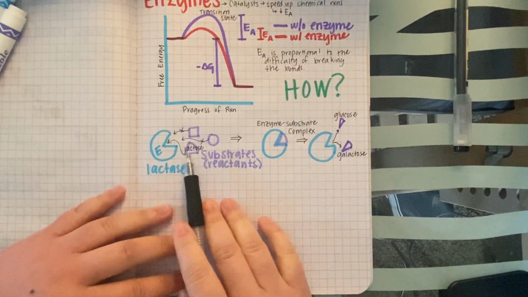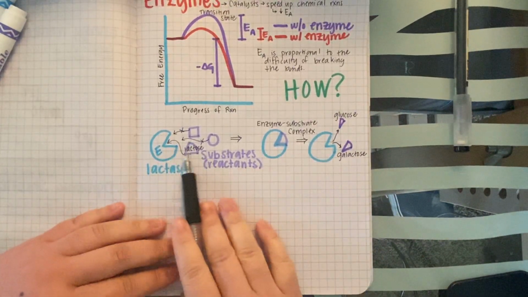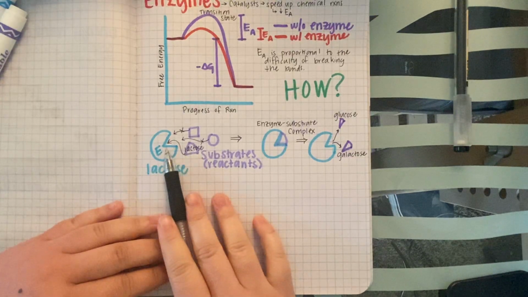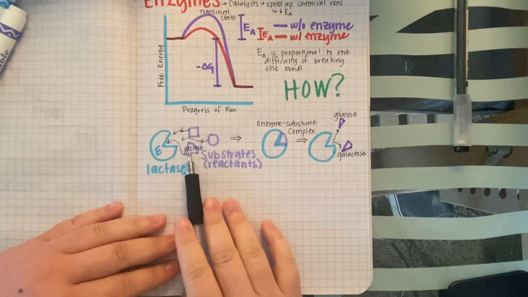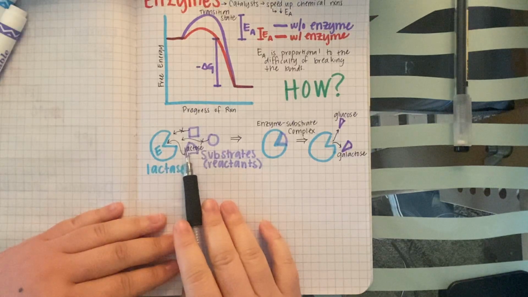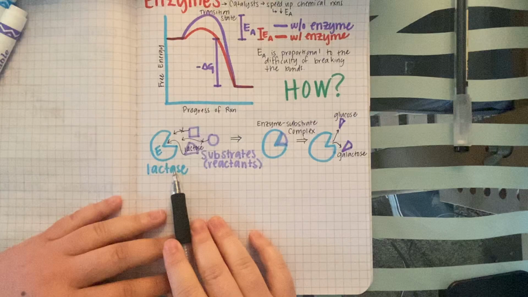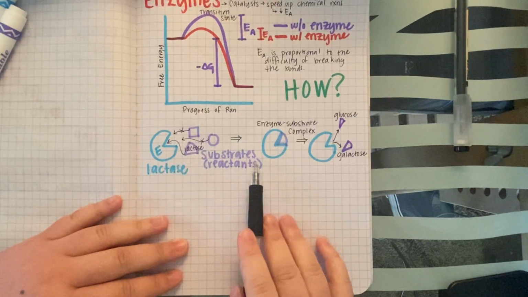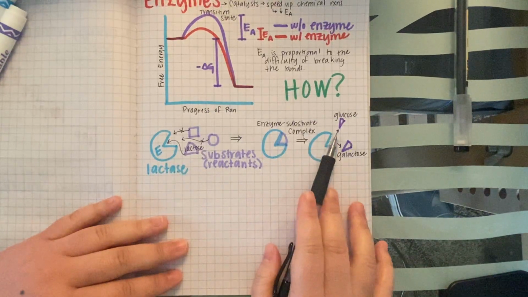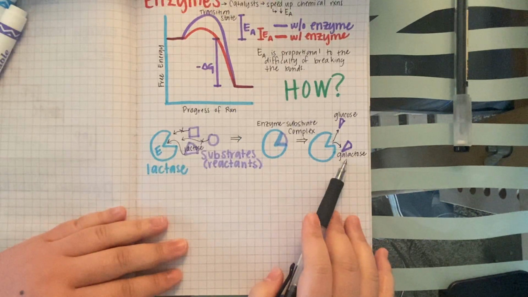Okay, so this is what happens in our guts when we eat dairy products. In the case of people who are lactose intolerant, we also take tablets that are lactase. And then in our guts, the lactase will break down the lactose into glucose and galactose.